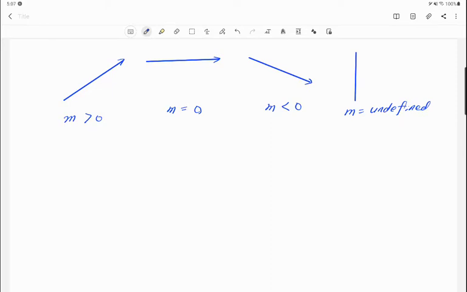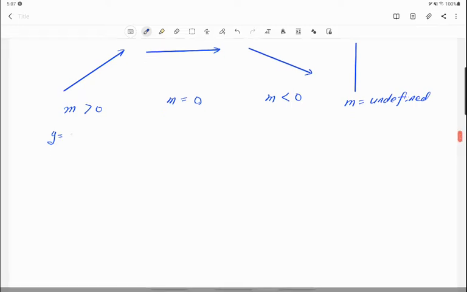All right, then let's check the equation of horizontal line. Okay, equation of these 4 different lines. For example, the equation of a line whose slope is positive looks like this: y equals 2x plus 1.